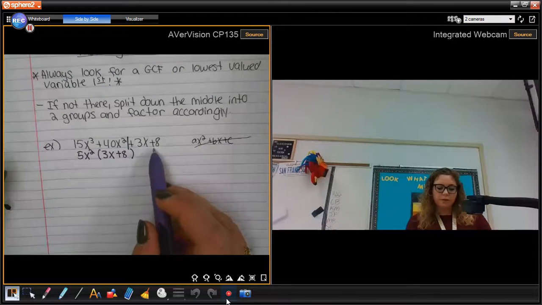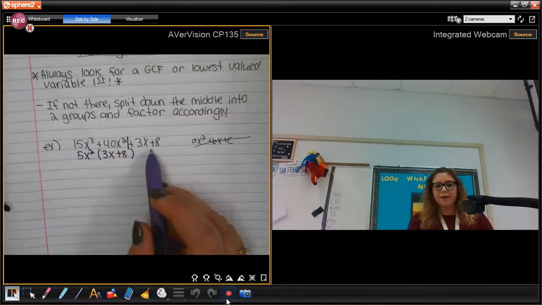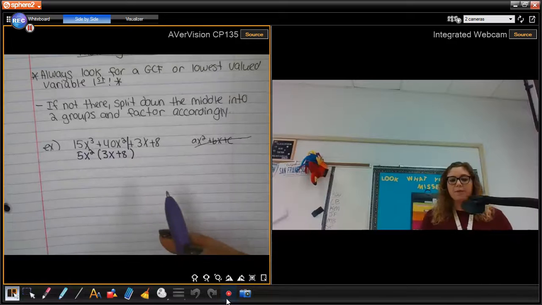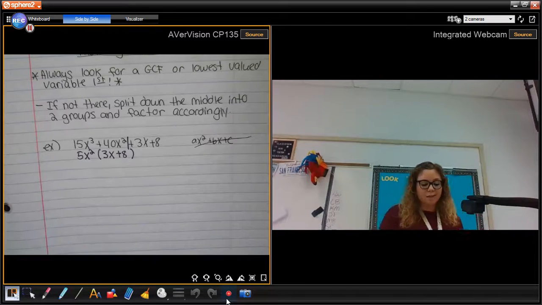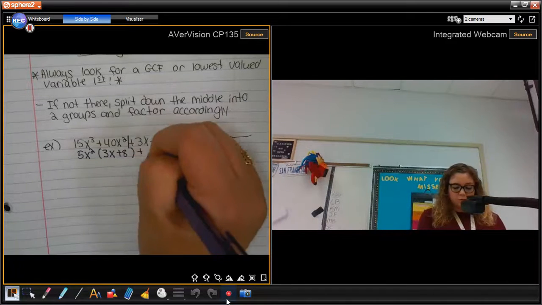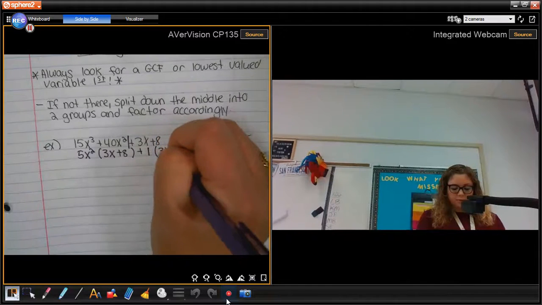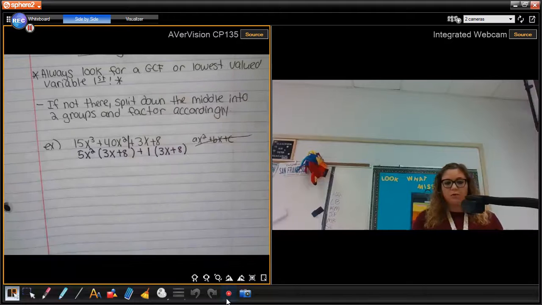Then over here, okay, I cannot factor out anything. 3 doesn't go into 8. 8 doesn't go into 3. So when that happens, the only thing I can factor out is a positive 1. Okay, so I'm left with 3x plus 8. Okay, which works out.